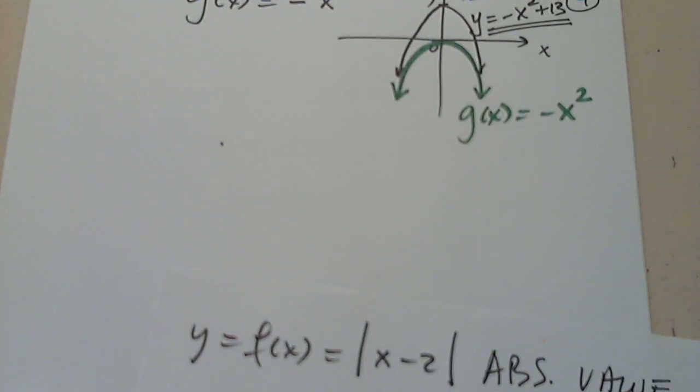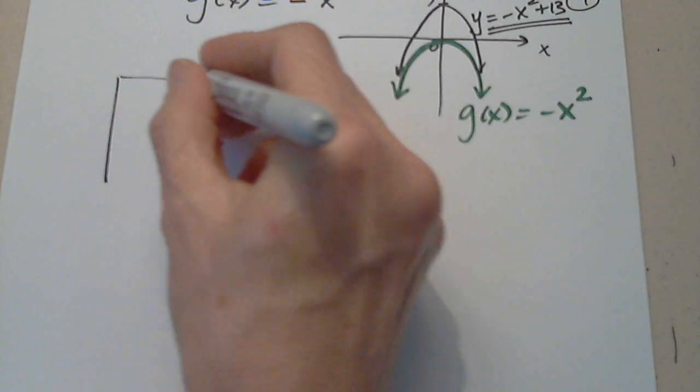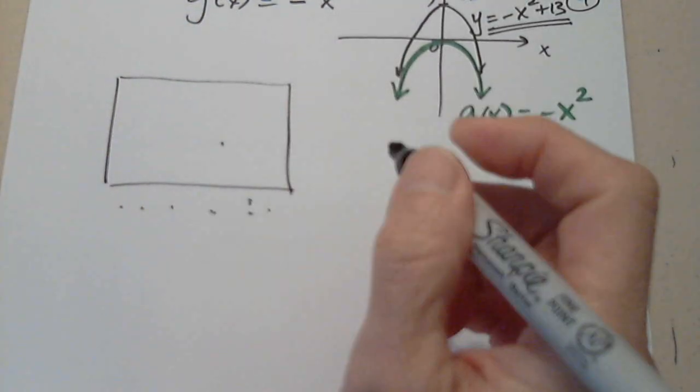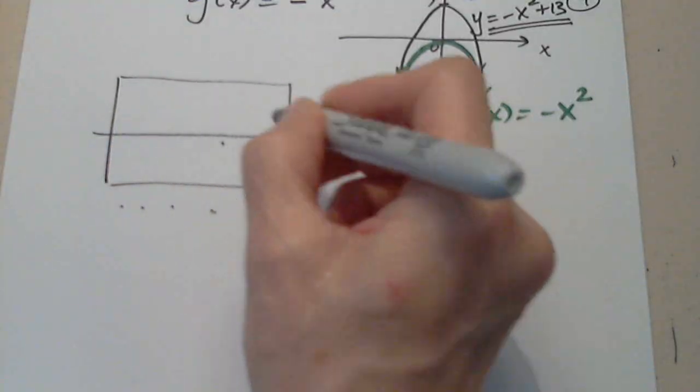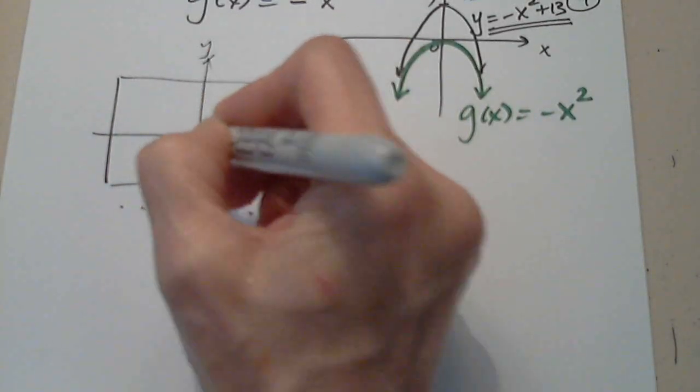Okay, we need to understand what the standard viewing window in the calculator is. So this is the viewing window of the calculator. These are the keys and so on and so forth. And you will see the x-axis and the y-axis.